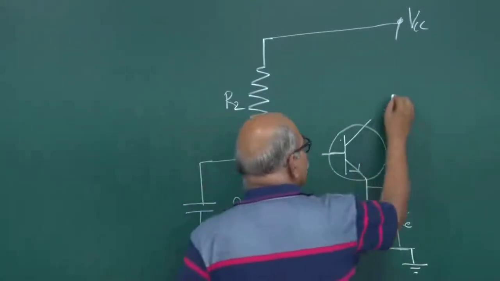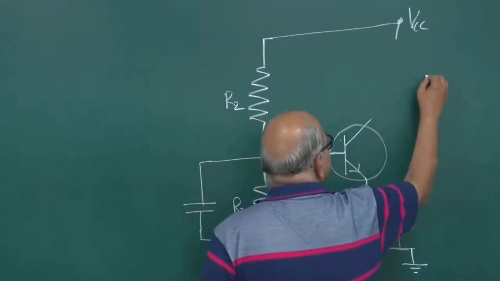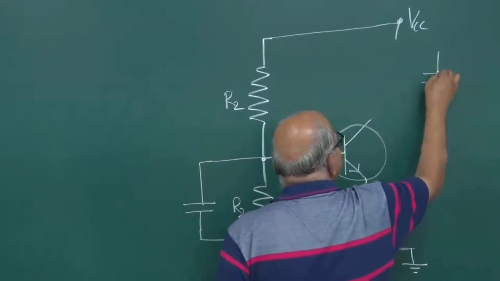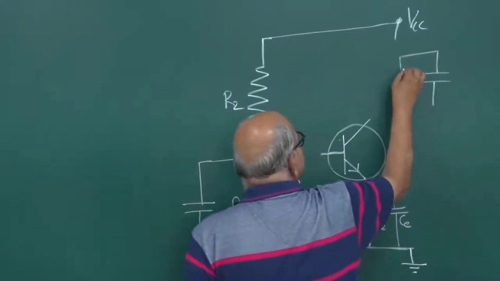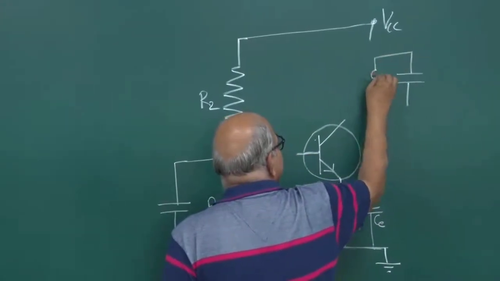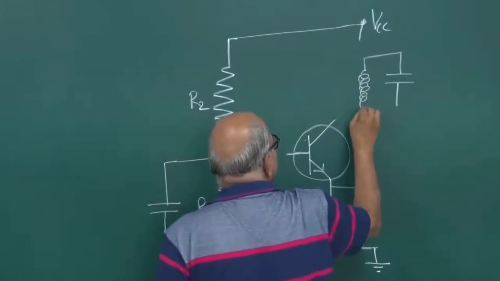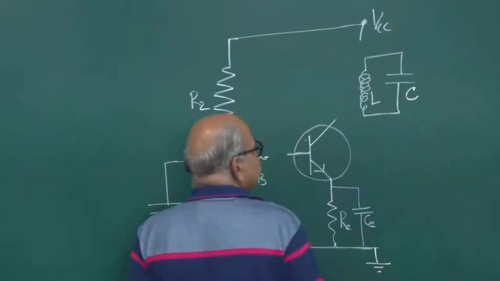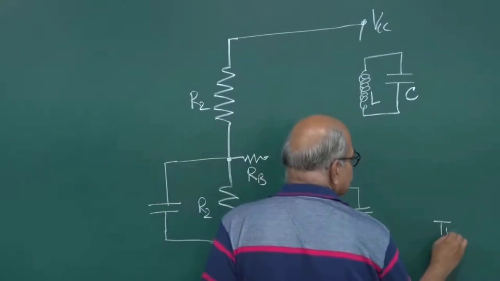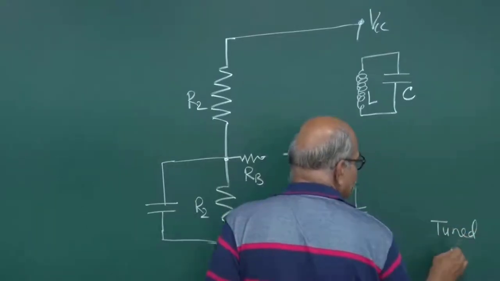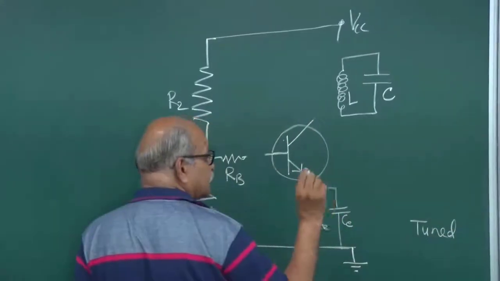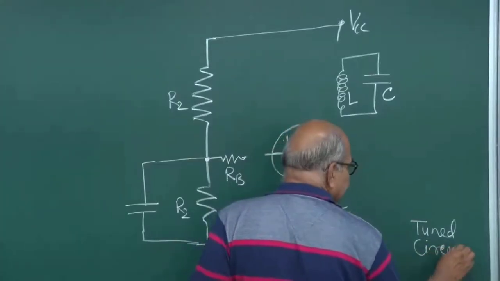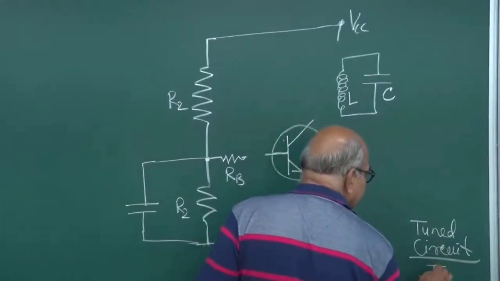And here it goes to let us say a capacitor here, and then you have this inductance here. So this is that LC circuit, tuned circuit, frequency selective circuit, also known as tank circuit or tank.